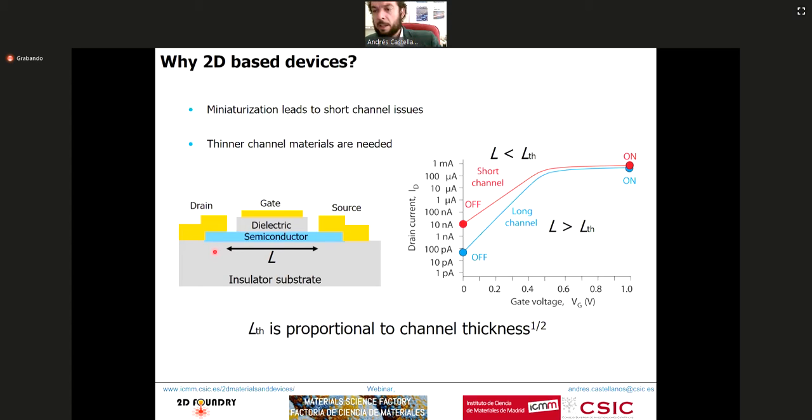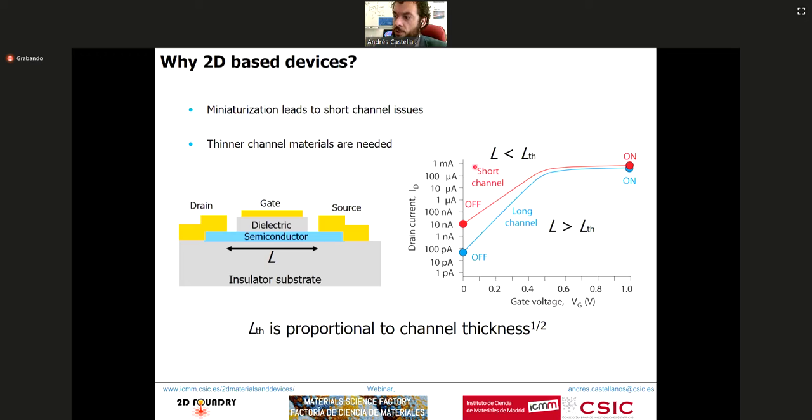When you start making your transistors shorter and shorter, you start having what are called short channel issues. When you have these short channel issues, your semiconductor channel cannot be completely switched off with an electrostatic gate.